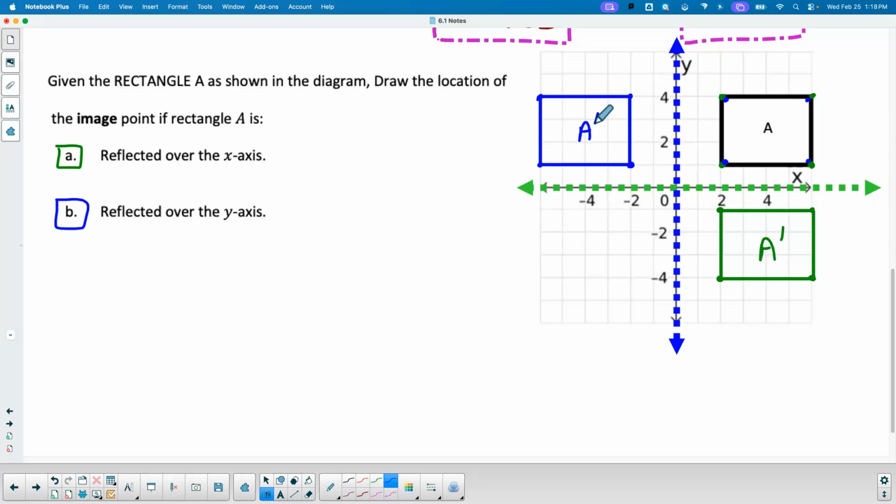You've got to draw your line, and then find distances to it. And you always reflect perpendicular to whatever your line of reflection is.